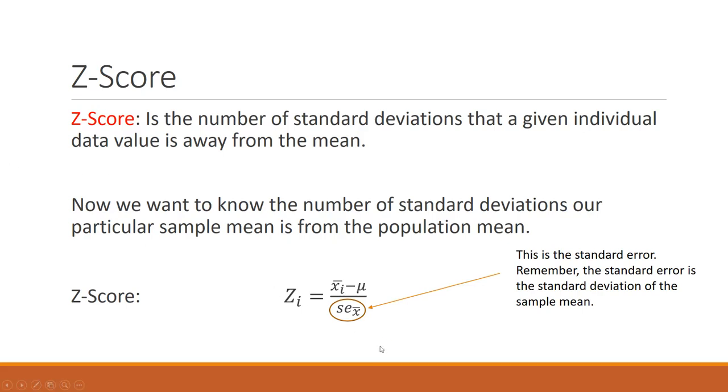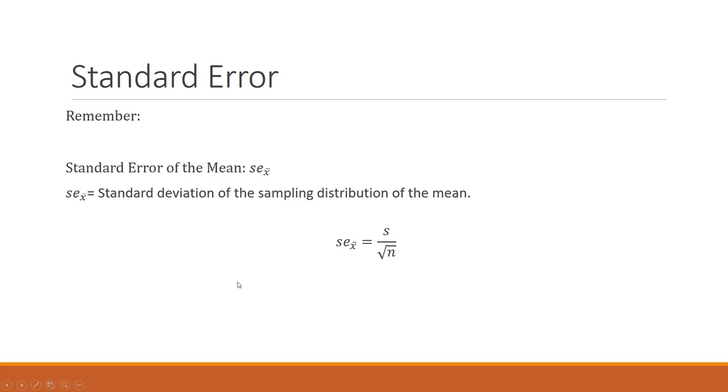So our z-score would be a particular value of our sample mean minus the true population mean, divided by the standard error. And remember, the standard error is the standard deviation of the sample mean.